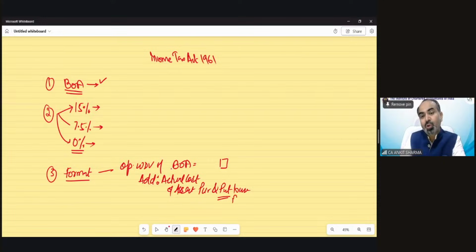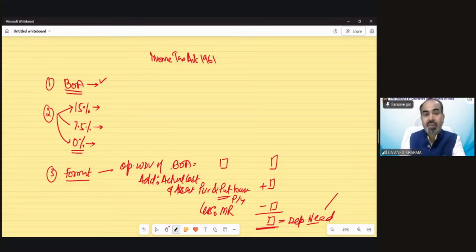It should be put to use in the previous year. If it is not put to use in the previous year, then you cannot claim depreciation on that particular asset. Then we have to reduce money received in respect of any asset sold, destroyed, or discarded. After reducing it, this is the WDV on which depreciation needs to be applied.